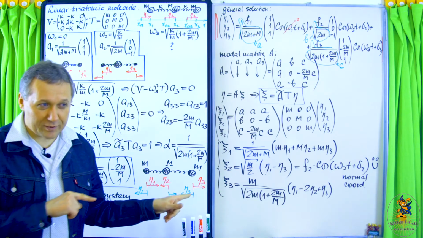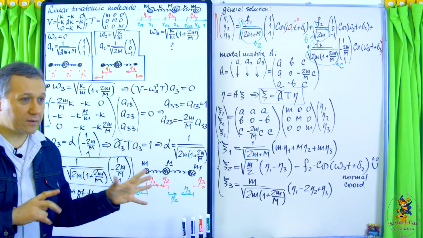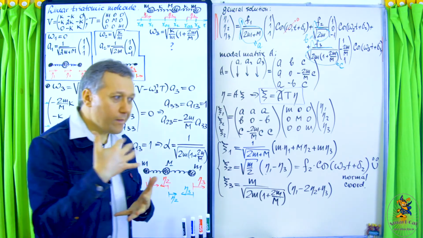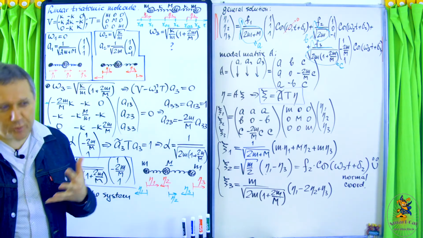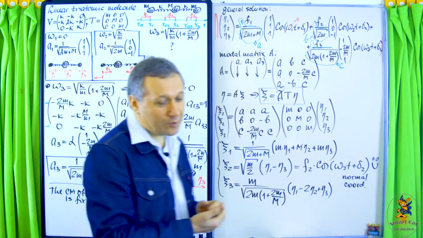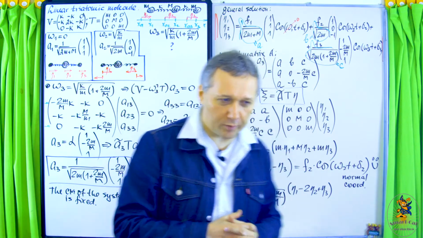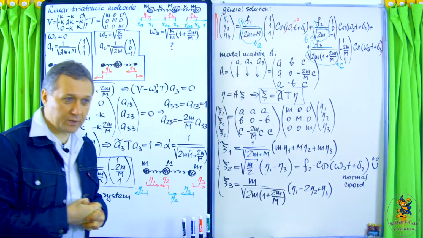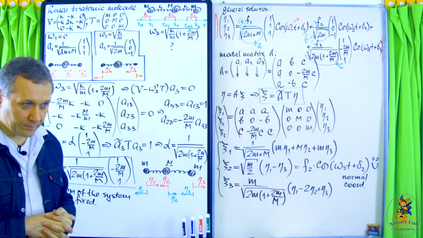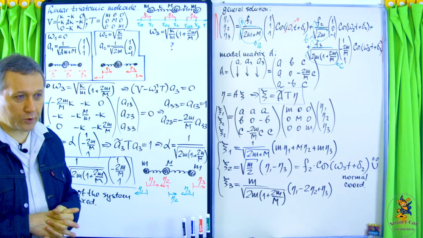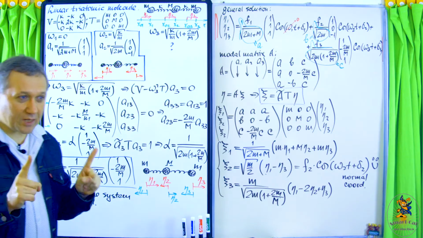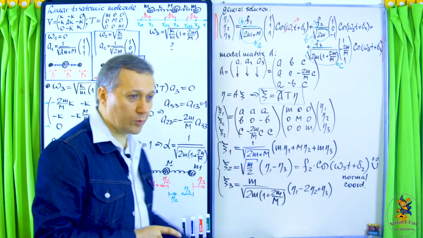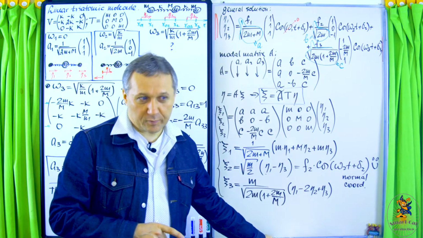We will discuss it now. Sometimes you can not guess, but deduce, somehow construct those normal coordinates, and as a result the solution will be somewhat simpler. So sometimes we can see normal coordinates from the very beginning.